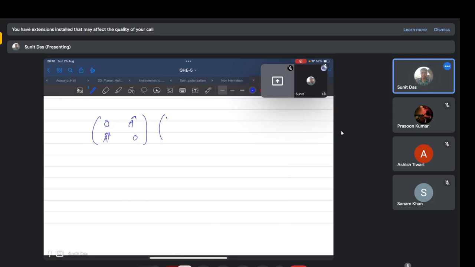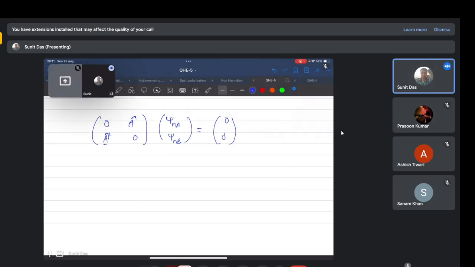0, a, a dagger, 0. Now I am writing in terms of, let's say, the harmonic potential: psi n, psi n, psi n a, psi n b, where a is the sublattice and b is the sublattice, and on the right hand side both are 0. You remember that. So I need to have 0 in all possible cases. Now imagine the situation.